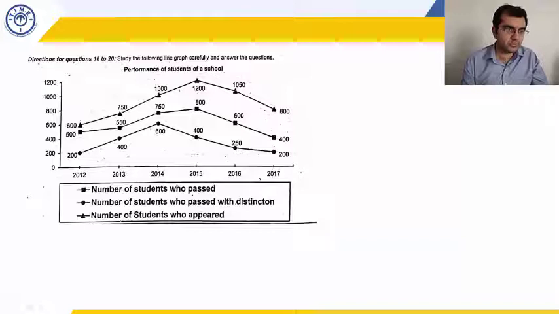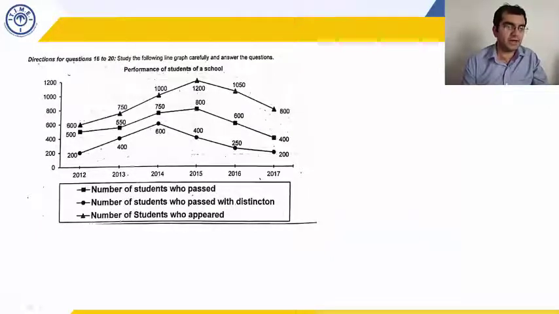So the number of students who failed would be 600 minus 500, that is 100. Number of students who passed is 500. Passed with distinction is 200. So passed without distinction is 500 minus 200. Passed without distinction in 2013 is 550 minus 400.